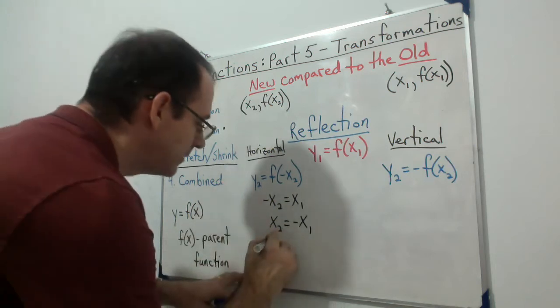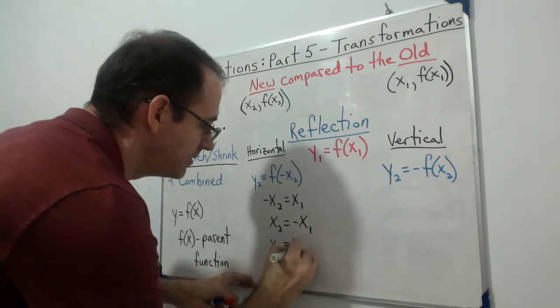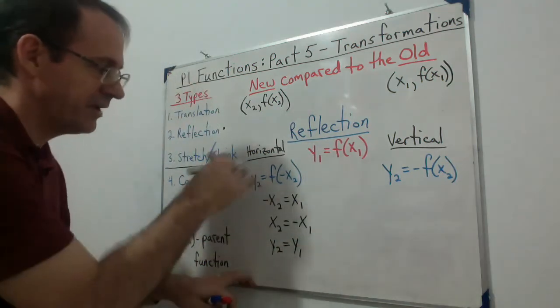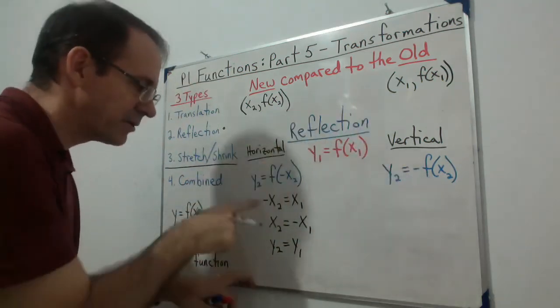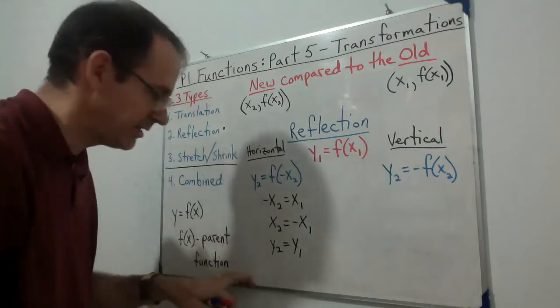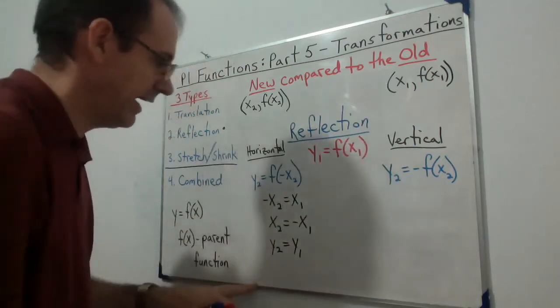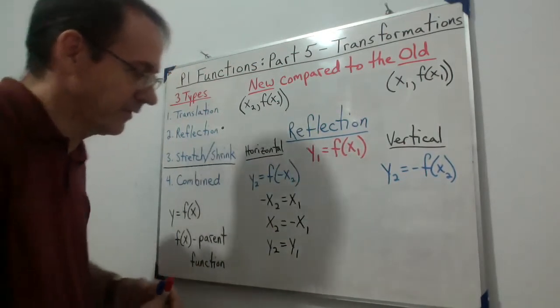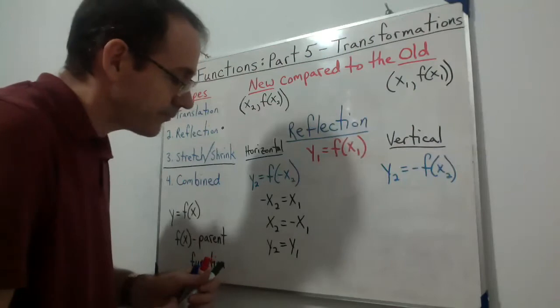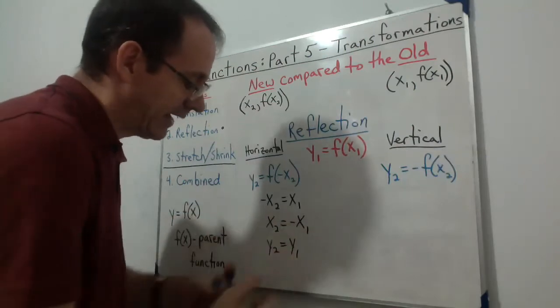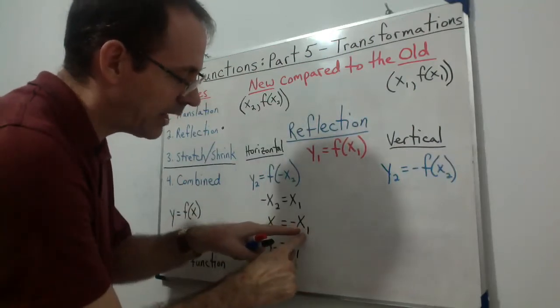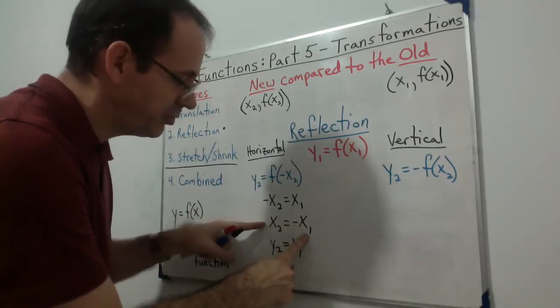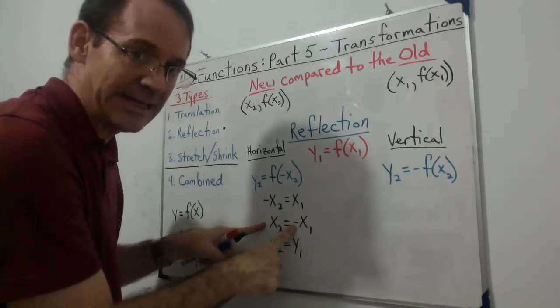Whereas the y is still the same as the original. There's nothing done outside the function. It's only inside the function on the x. So this is what happens. And if your original x is positive, it means your new x is now going to be negative.